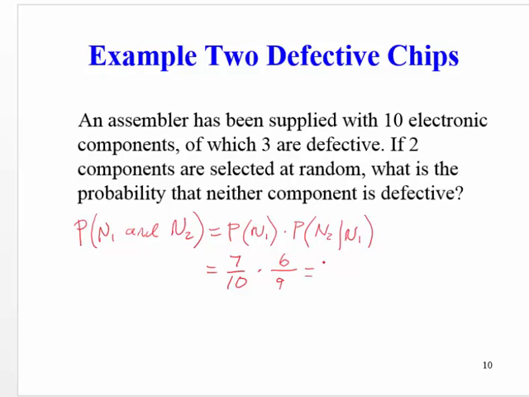And that's equal to 42 over 90, which is equal to 0.467. So there's an example of that one.